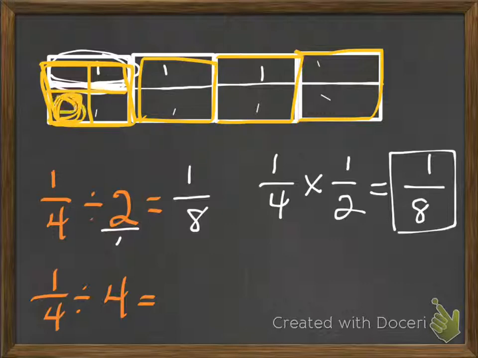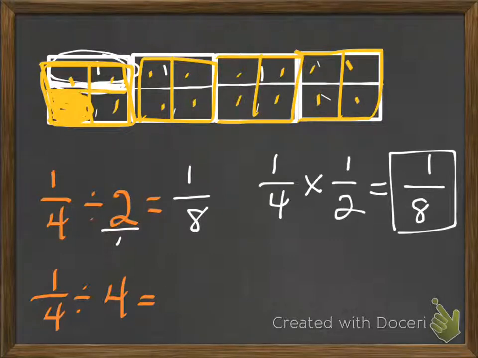So now how much is just one of these sections out of the whole thing? We'll have to change all of them to fourths to figure that out. So I'm going to see how many there are in the whole thing. 1, 2, 3, 4, 5, 6, 7, 8, 9, 10, 11, 12, 13, 14, 15, 16. So each person would get 1/16.